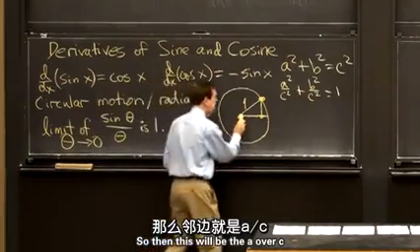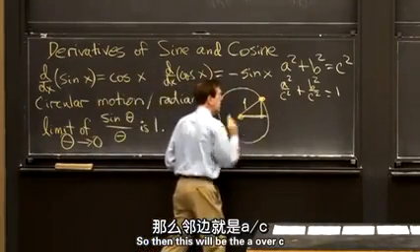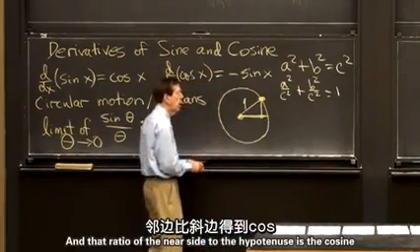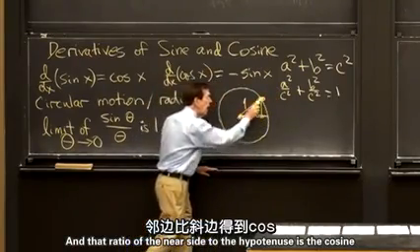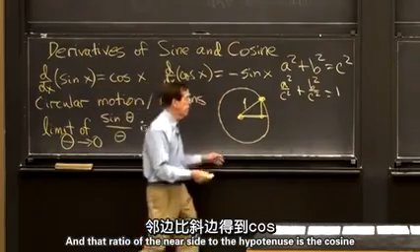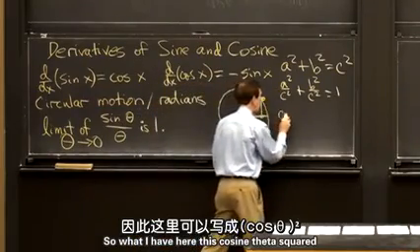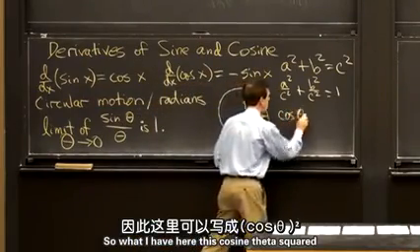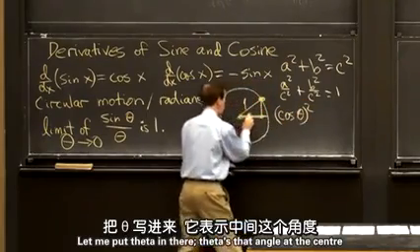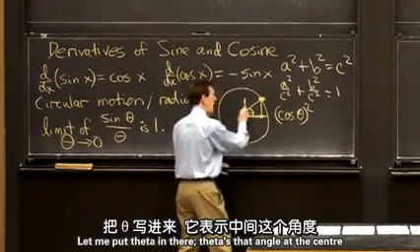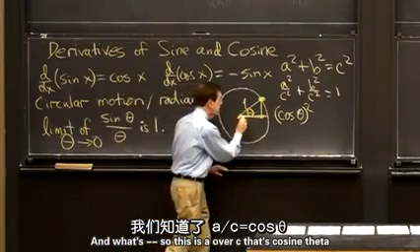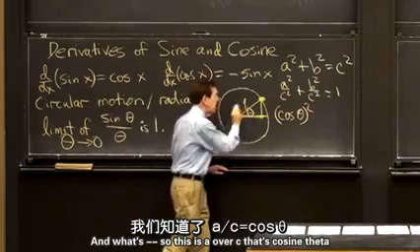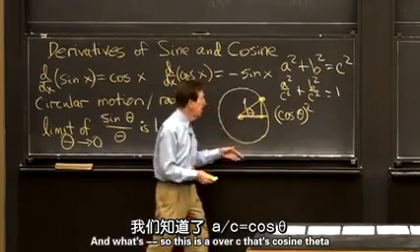So then this will be the a over c, and that ratio of the near side to the hypotenuse is the cosine. So what I have here is cosine theta squared. Let me put theta in there. Theta is that angle at the center. And what's b? So this is a over c. That's cosine theta.